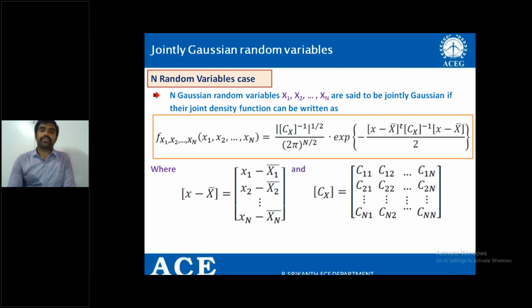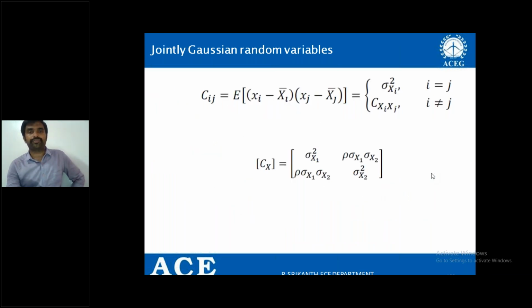Similarly, here Cx is a covariance matrix, that is C11, C12, C1n up to Cnn. That is, C11 is nothing but the covariance of x1 and x1, C12 is the covariance of x1 and x2. In fact, the covariance of x1 and x1 becomes the variance, right? So all these diagonal elements become variances, and the remaining terms will be the covariances of the individual random variables, right?